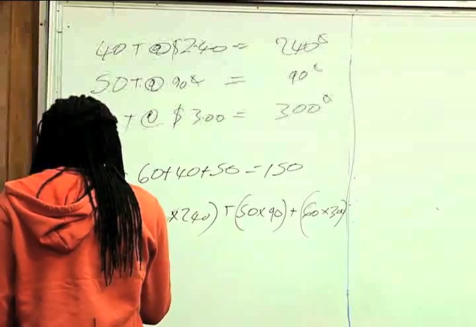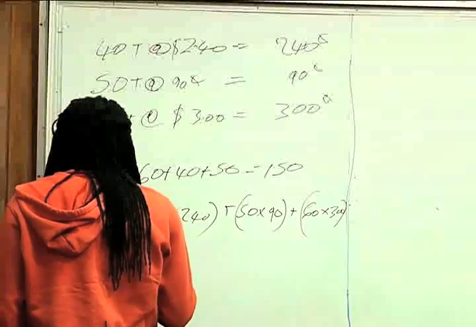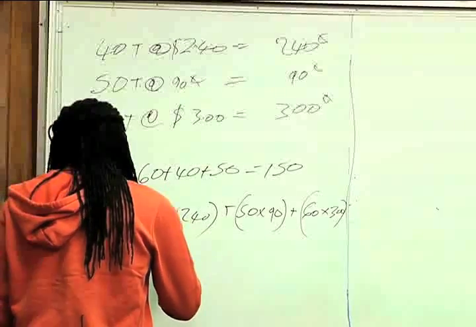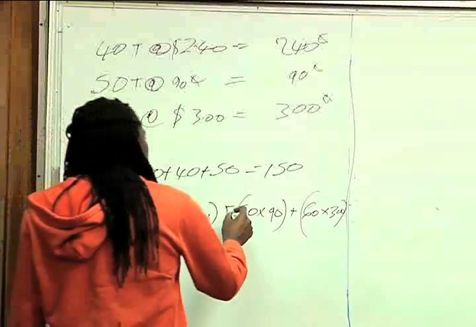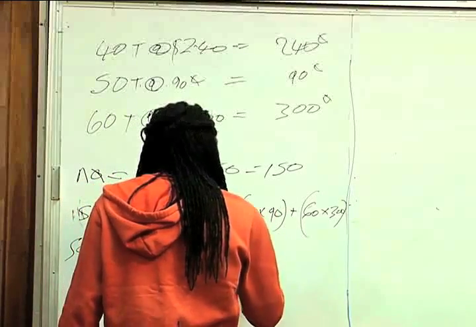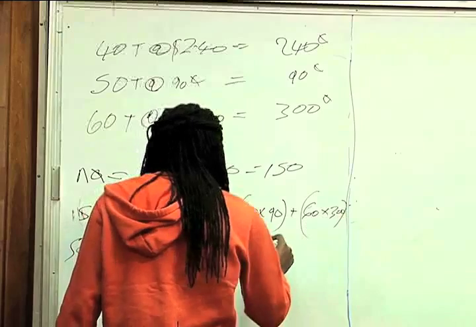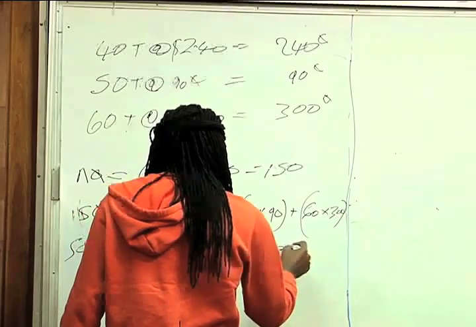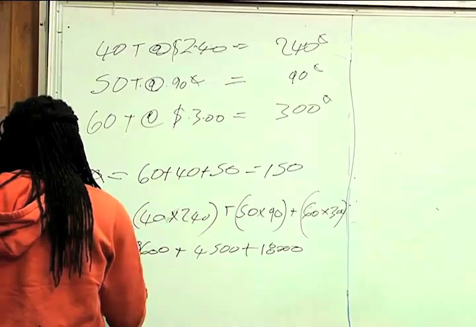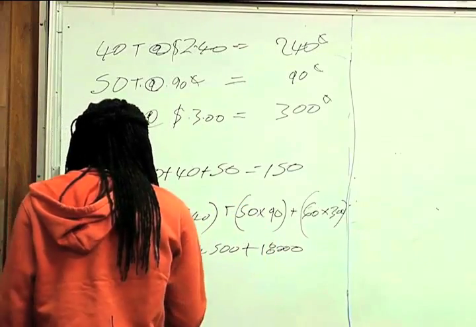So SQ equal 9,600 plus 4,500 plus 18,000. So SQ equal 32,100.